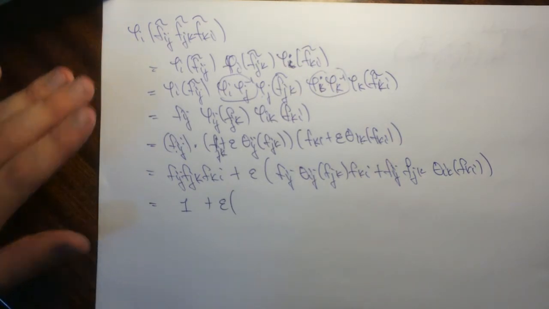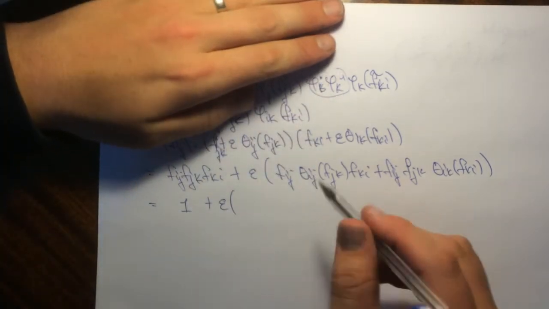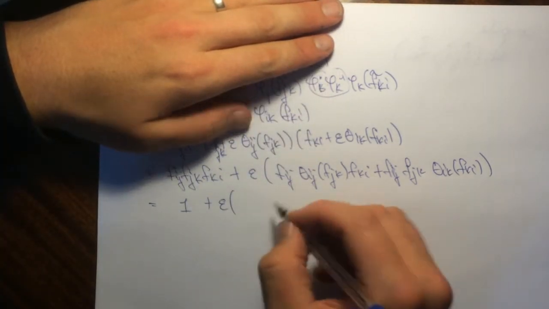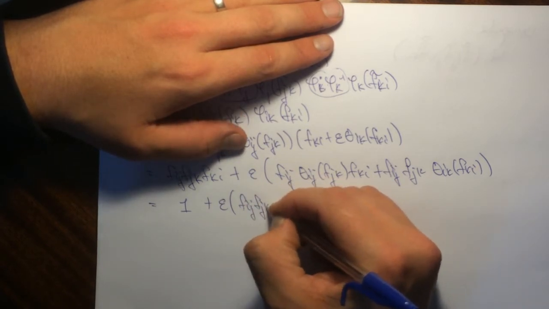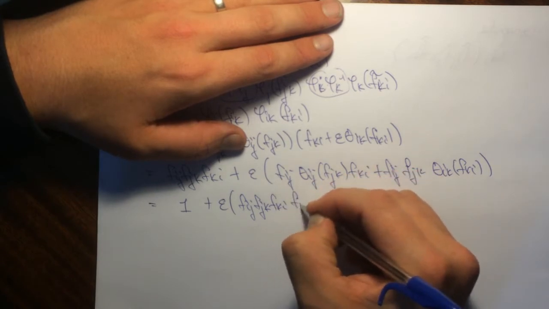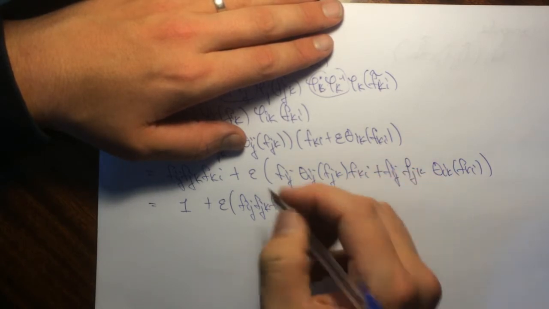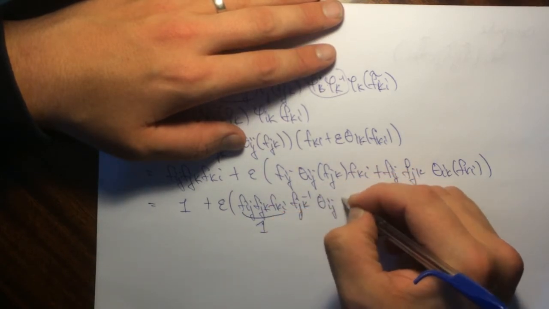Okay, so now what do we have? We can put these two together, and here we can do Fij, fjk, fki. So I introduced an fjk, so I need to do fjk inverse here. This becomes 1 theta ij fjk.